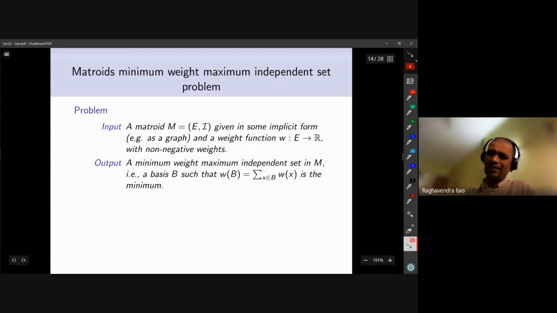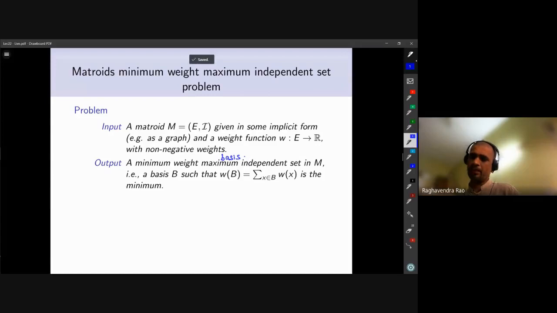For now I'll assume non-negative weights; even negative weights just work, but for simplicity let's assume non-negative. What we want is a minimum weight maximum independent set. If you take this as a graphic matroid, we are looking for a minimum weight spanning tree, or I could just write this as a minimum weight basis.